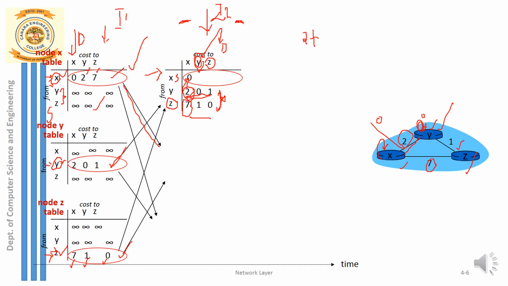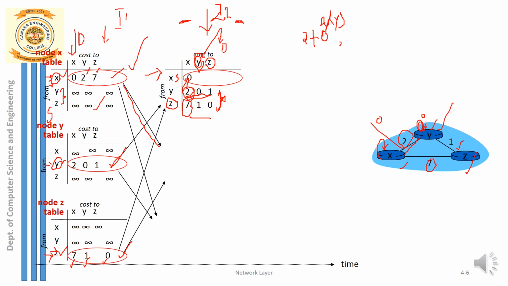So when I am calculating the distance vector from source node x to destination node y, the cost to reach from x to y I have to take as 2, whereas the distance vector that I am calculating now is from y to y. So here y has to share its distance vector. The distance vector from y to y is always 0, because it is the node from itself, right? So that I need to compare now with the next part.